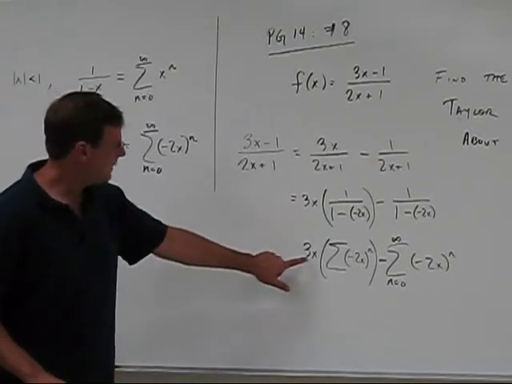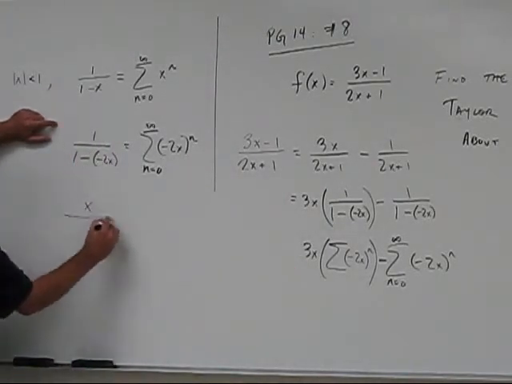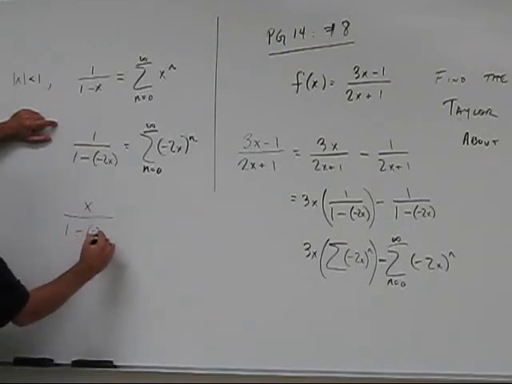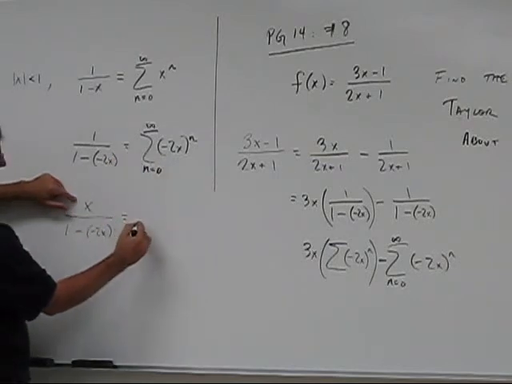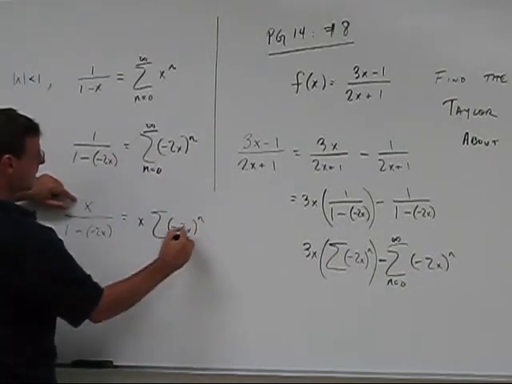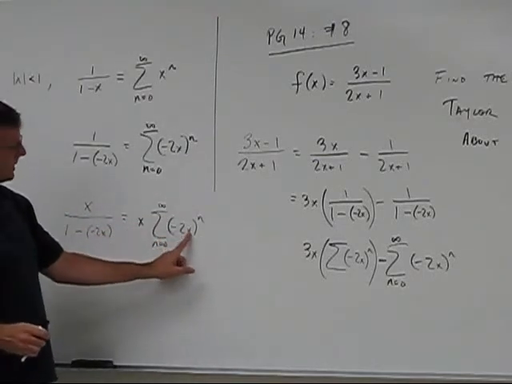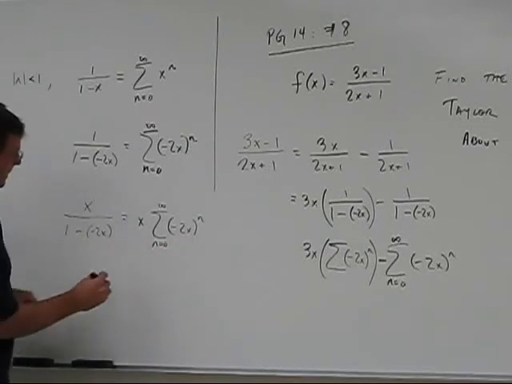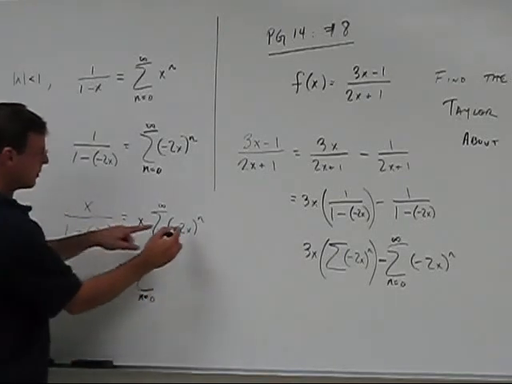Okay, now let's deal with the x. What happens if I have x over 1 minus negative 2x? Well, that's as if I multiplied this by an x, which all that does is add 1 to the exponent of the x. So this is equal to, let's pull the negative 2.